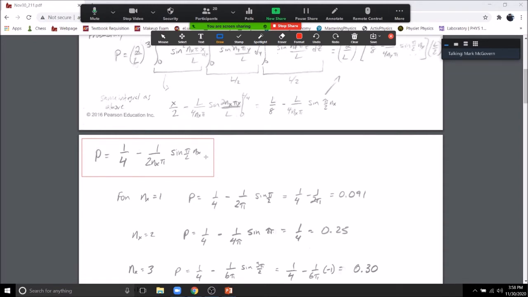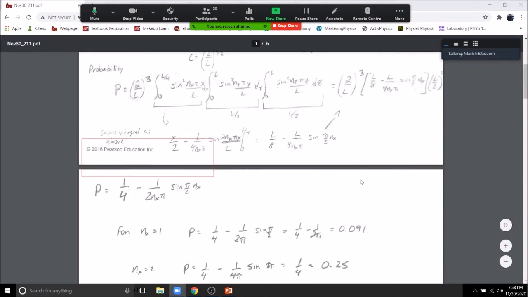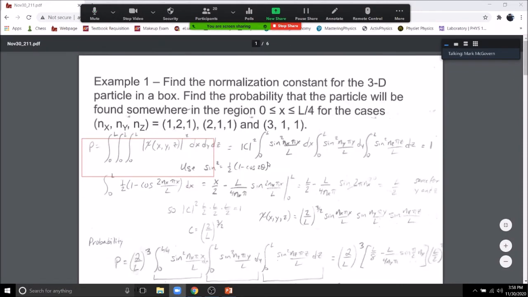We changed our x limits of integration. And now we have this function here, which tells us the probability for given quantum numbers. Now, the quantum numbers for y and z don't matter here. This is only interested in quantum numbers for x.